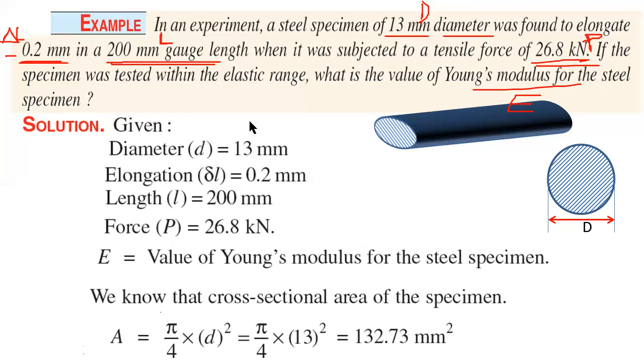Then you have to use our Young's modulus formula, capital E. Young's modulus capital E equal to stress by strain. The formula for stress equal to load by area, and the formula for strain equal to change in length by original length.